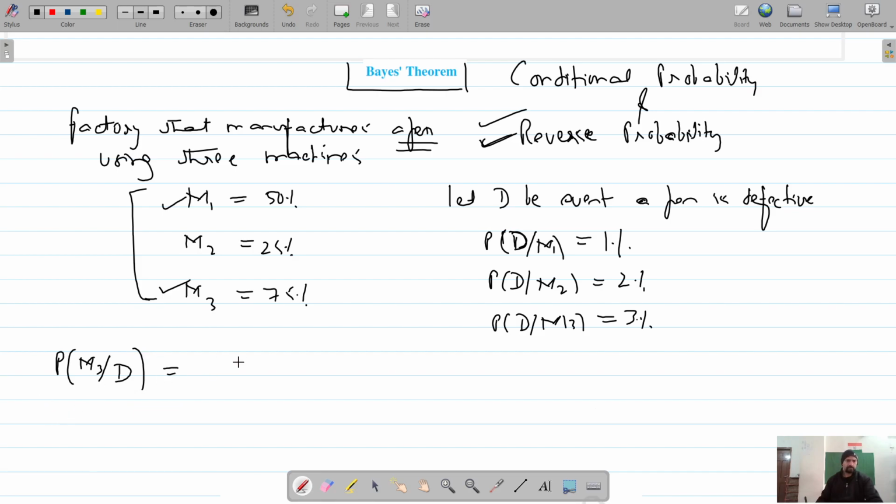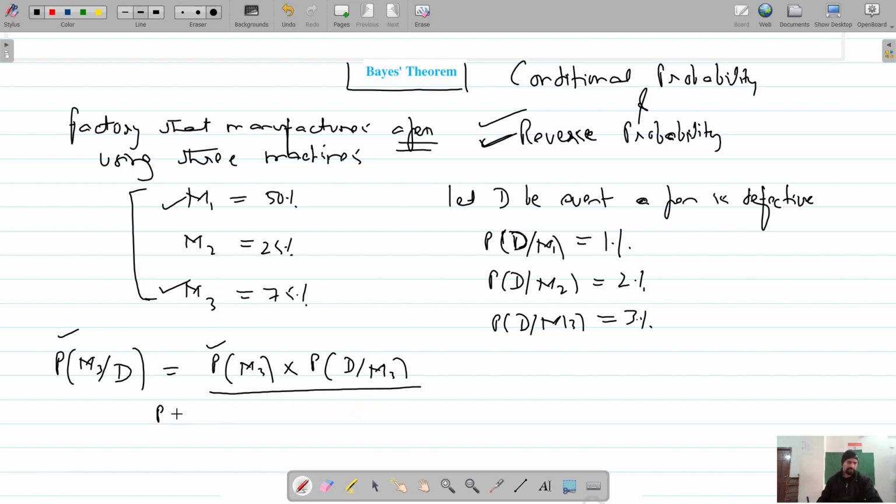And how are we going to get this? It should be probability of manufacturing a pen by machine M3 into getting the defective pen from machine M3, divided by the total probability.